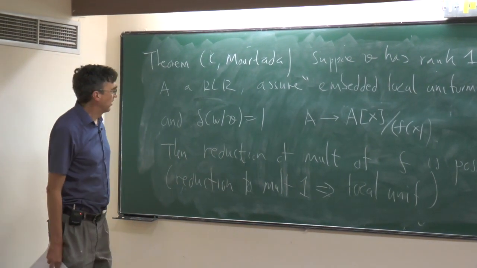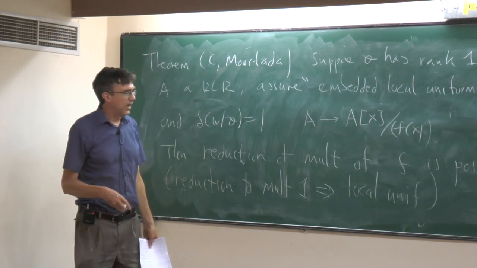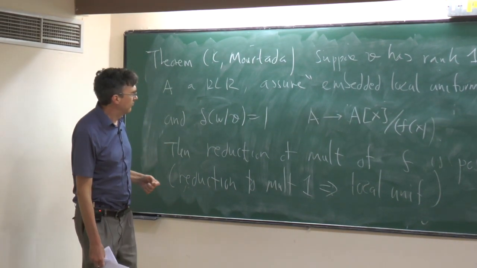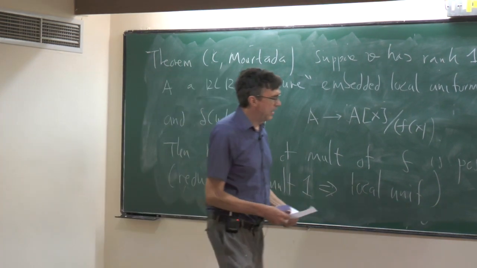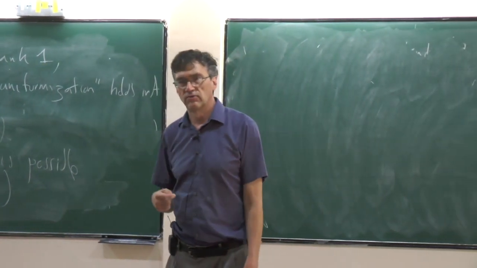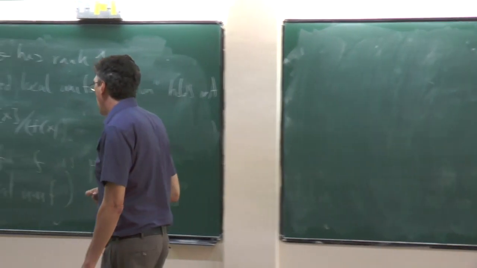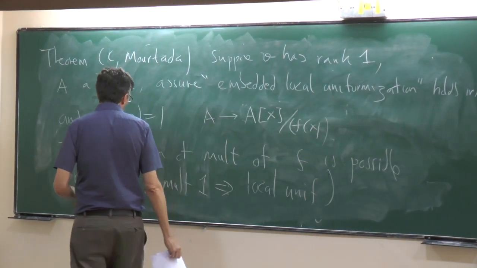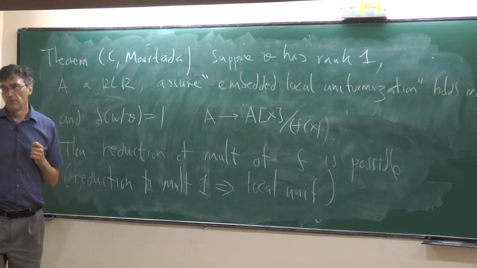If it's inside the value group of nu, then you have to make a translation. If it's not, then you take an appropriate power of x to put its value inside the value group, and then your new, say, n1, so your phi 2 would be phi 1 to the n1 minus something, and so on. So the degree would have gone up from 1 to n1. And if the algorithm is successful and computes the valuation, then the last step is you build up the degrees until the last one is going to be your original f.